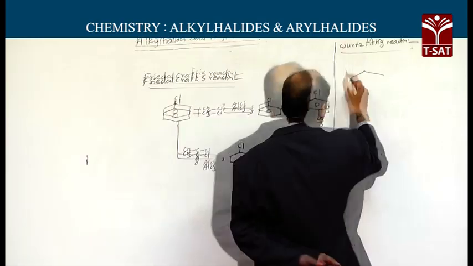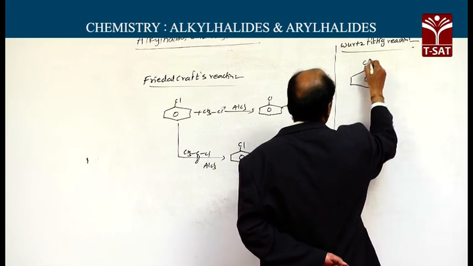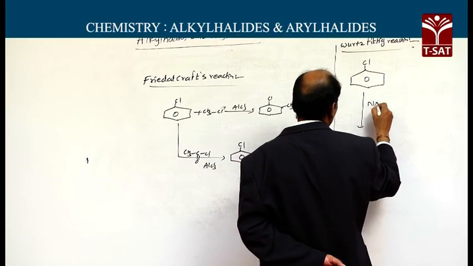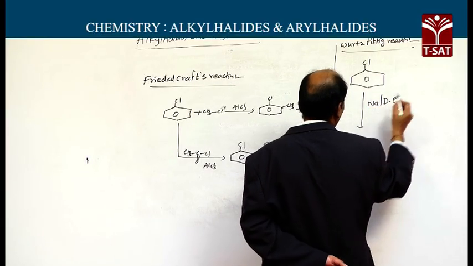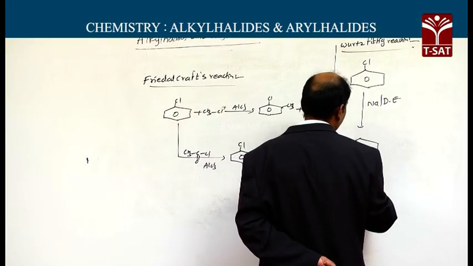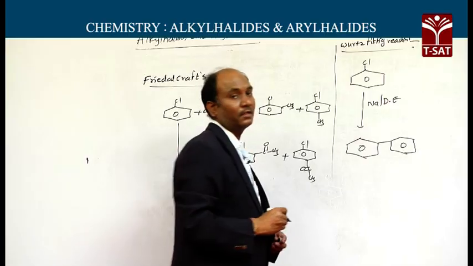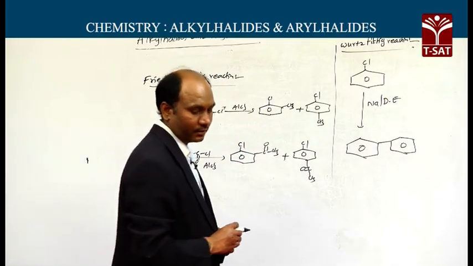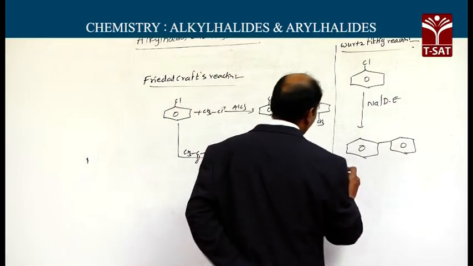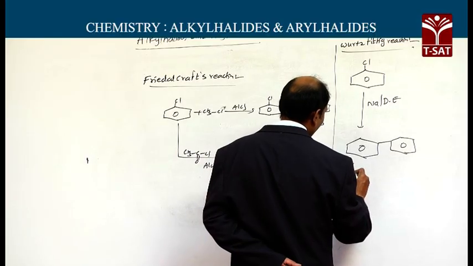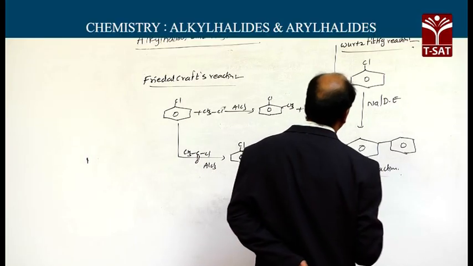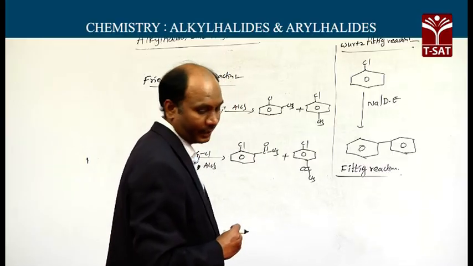Chlorobenzene also undergoes other reactions, called the Wurtz-Fittig reaction and the Fittig reaction. When chlorobenzene is treated with sodium in dry ether, we get biphenyl. One is the Wurtz-Fittig reaction, another is the Fittig reaction.